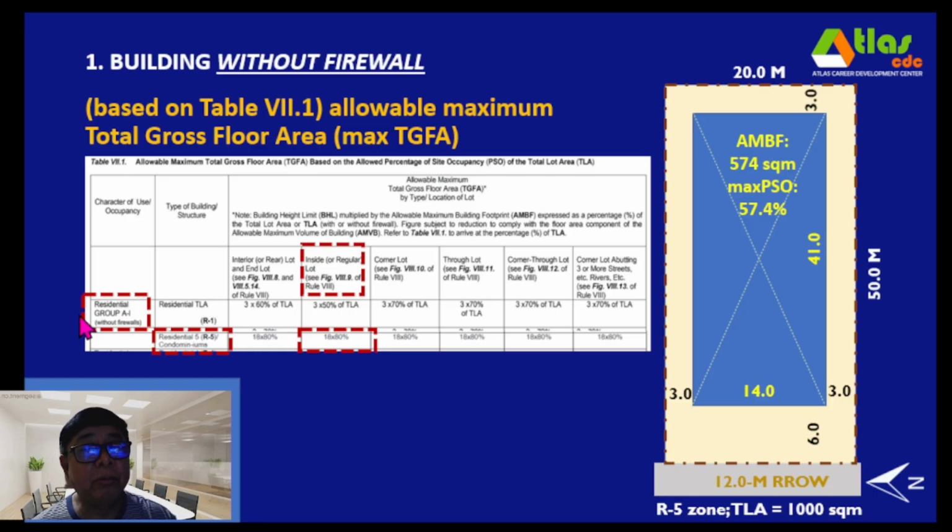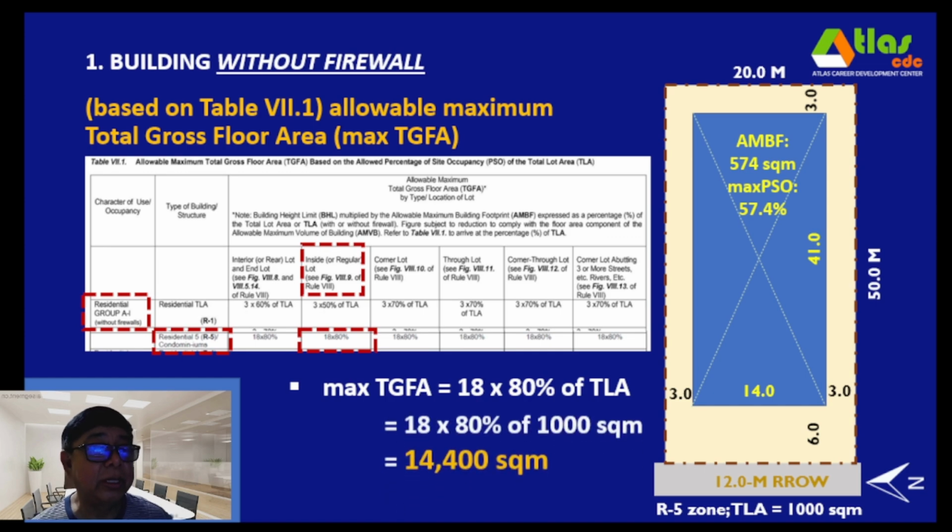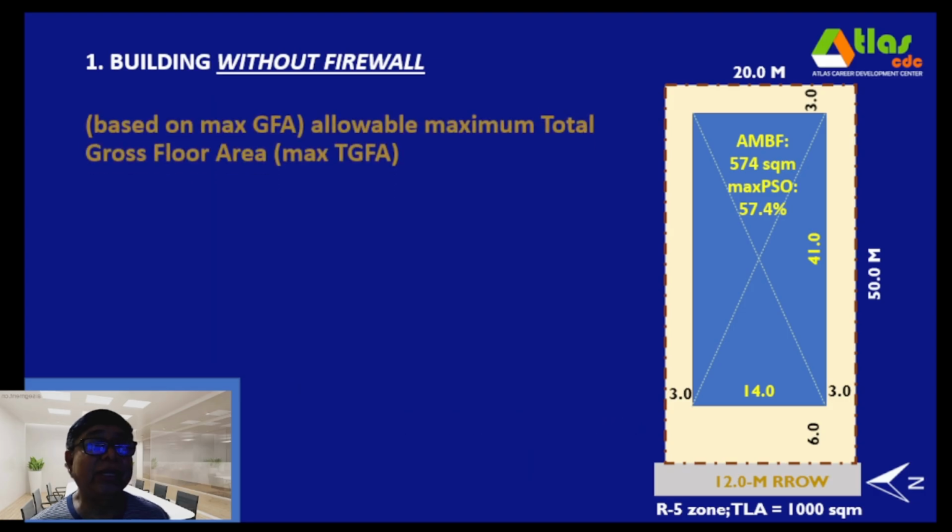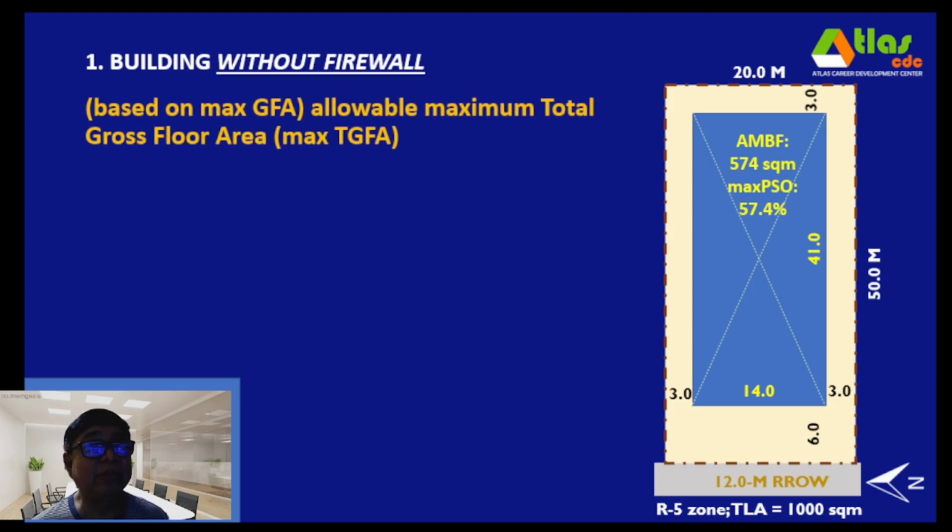So our building is without firewall, R5, inside lot, and it shows here 18 by 80% of the TLA. So it means that it will be 18 by 80% of 1,000 square meters or 14,400 square meters.